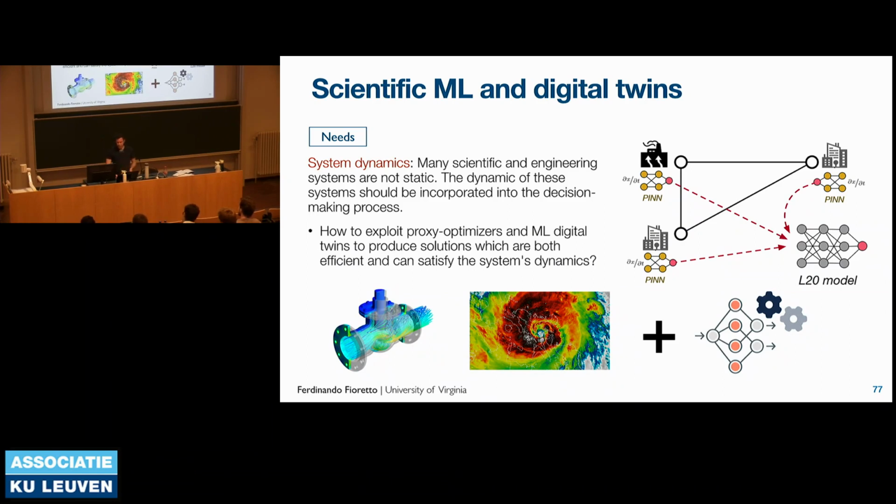They are typically systems of PDEs or ODEs, and we can't really resort to simulators if we want to solve such equations while also optimizing for operational constraints. And so here, what we started looking at is building approximations of those system dynamics with similar techniques to what I presented in the first part of the talk, and then using those approximated models within a proxy optimizer so that we can have really fast interactions between simulators as well as optimizers.